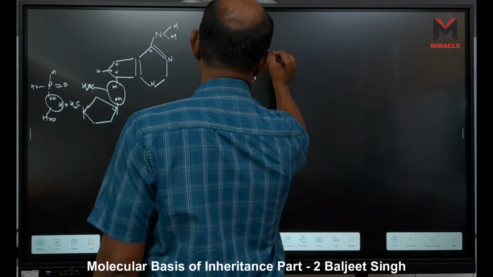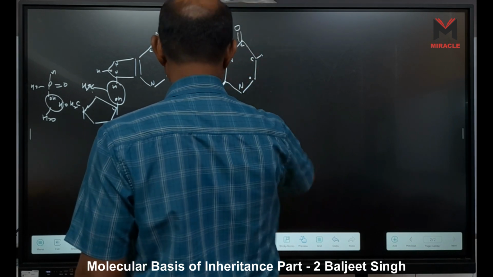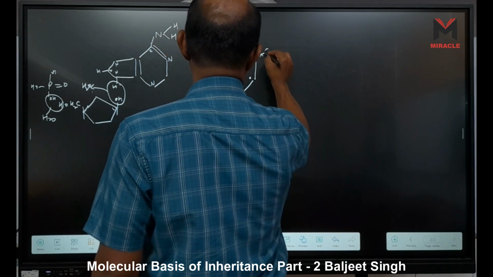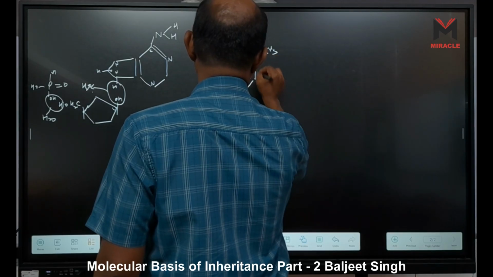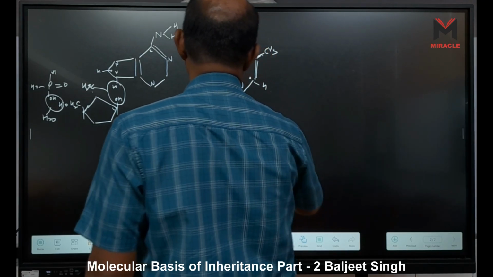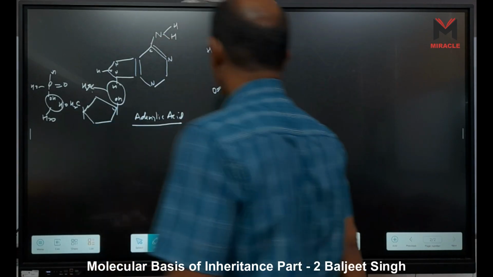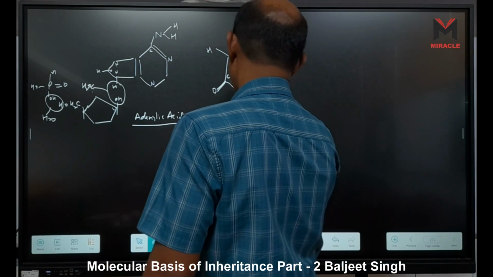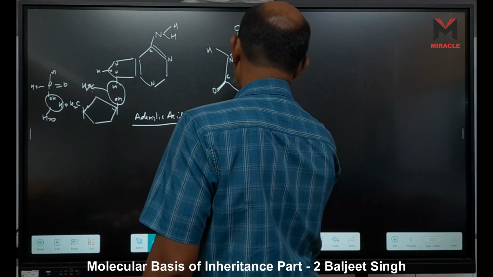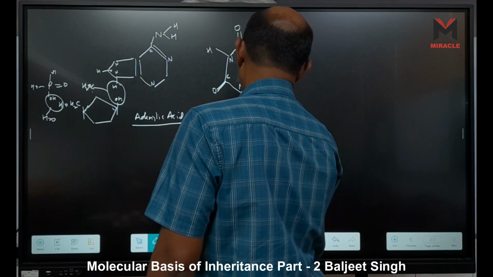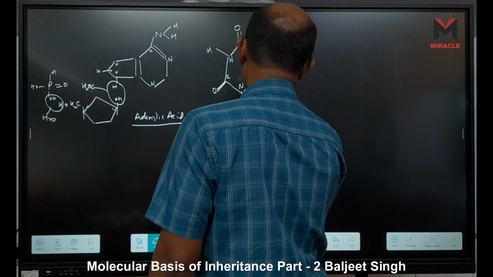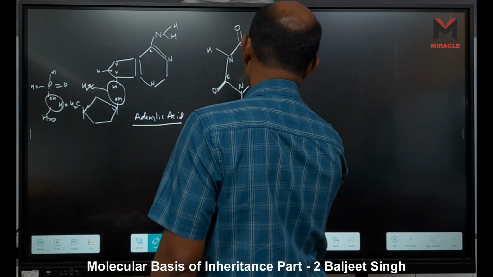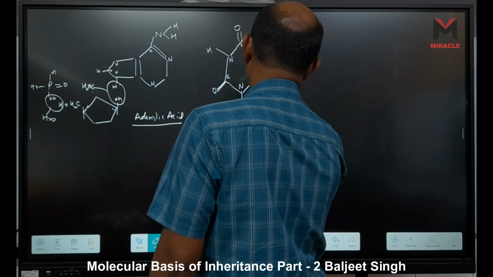CH3, and this side H. Right? You understand? That one also always binds with pentose sugar. I draw here the pentose sugar. And now this pentose sugar binds with H3PO4. Here, H3PO4.